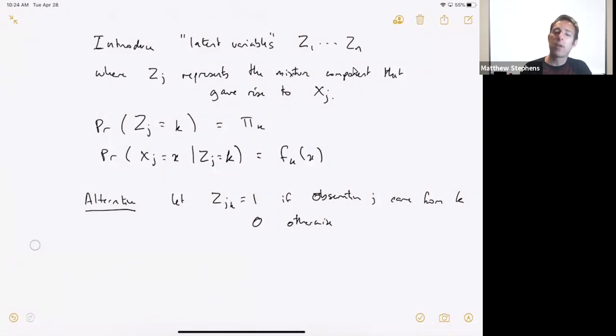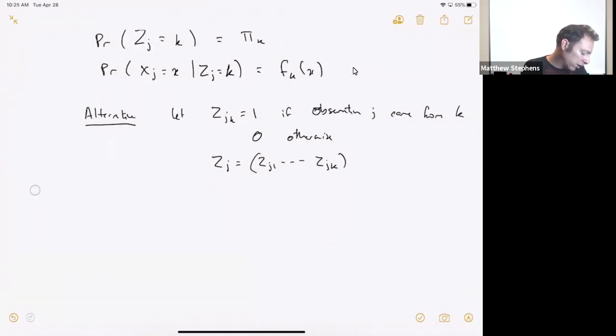And sometimes I'm going to use the binary indicator version, where we expand Zj to be a binary vector of length capital K, so Zj is Zj1 up to Zj capital K, and exactly one of those will be 1 and the rest will be 0. They contain the same information, but it can be useful to write things this way because it sometimes leads to nice algebraic expressions by exploiting binary indicator variables.